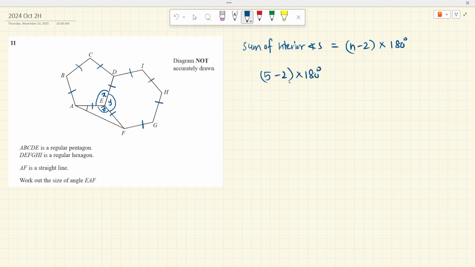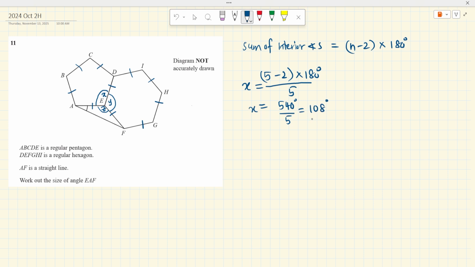This is the sum. Then we have to divide this by 5 because it has 5 angles. And that equals the interior angle of a pentagon. So this equals x. 5 minus 2, that is 3. 3 times 180, that is 540. 540 divided by 5, that is 108.